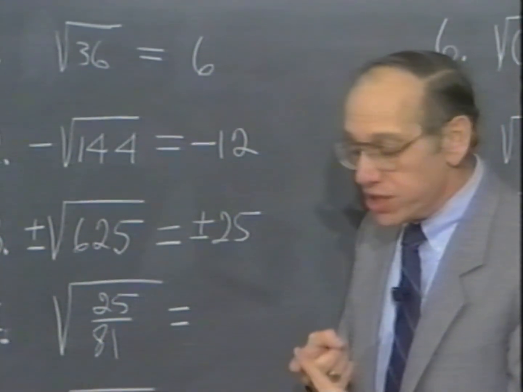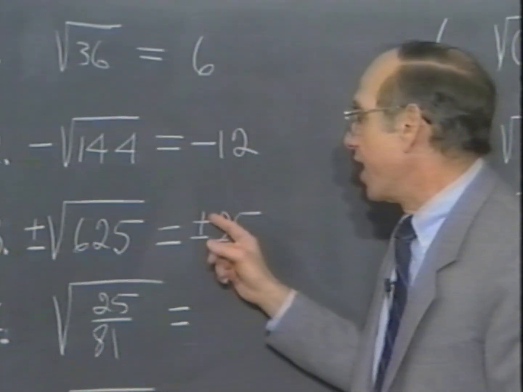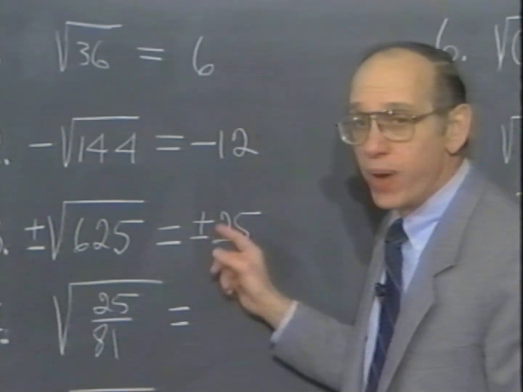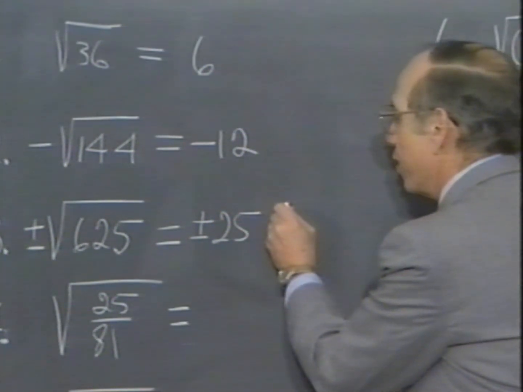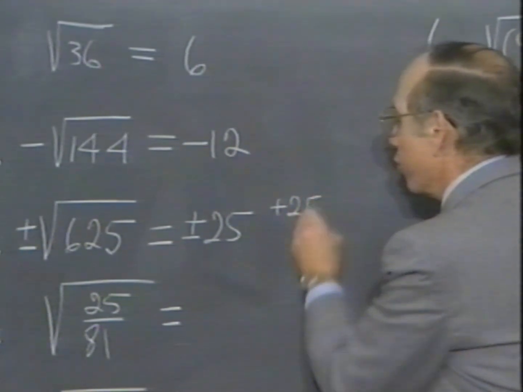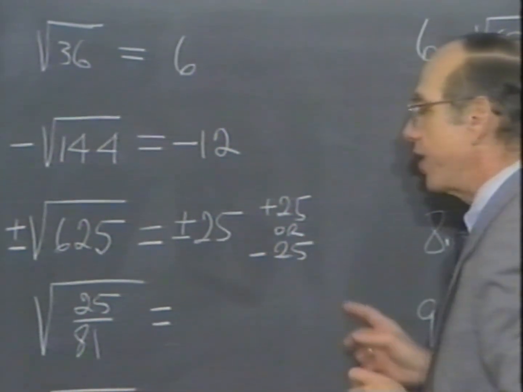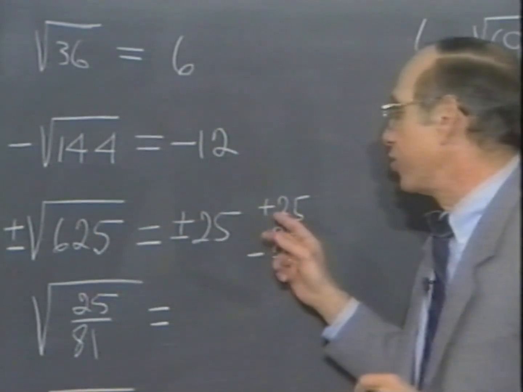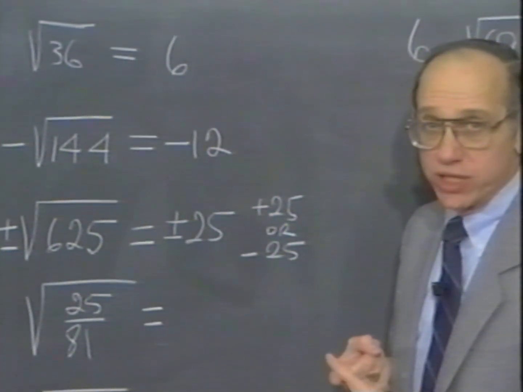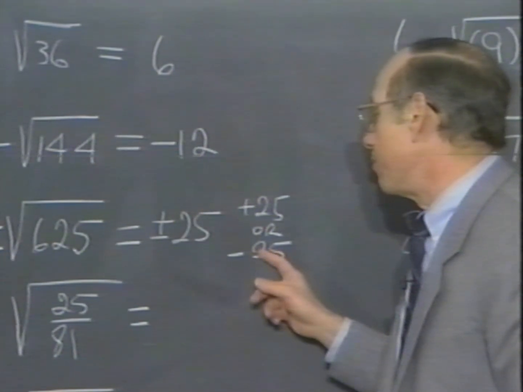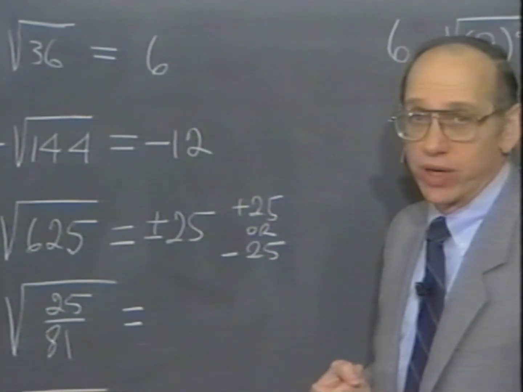Now, you must understand that this really means I have 2 possible different answers. I have plus 25 or minus 25. That is, 625 could be thought of as plus 25 times plus 25, or minus 25 times minus 25.